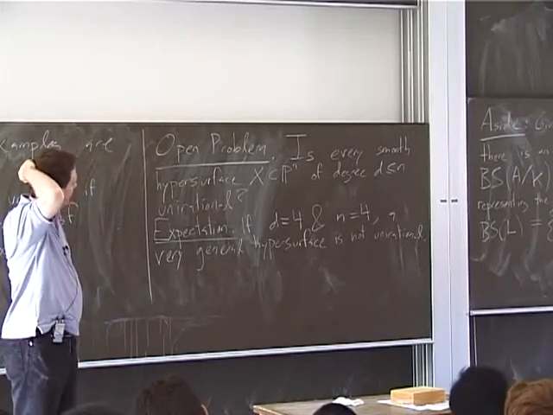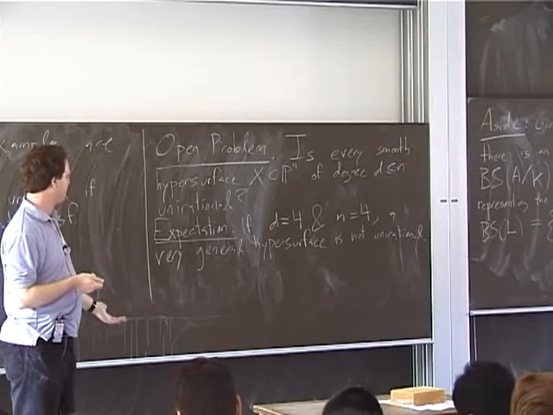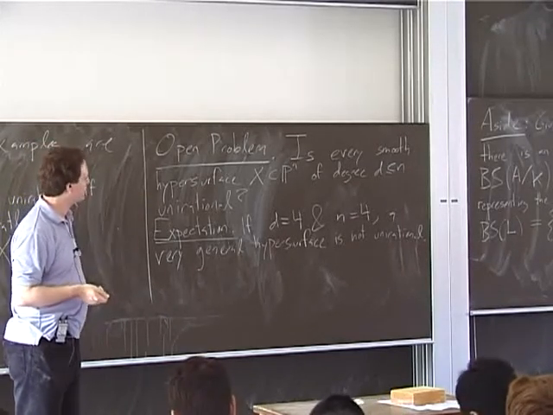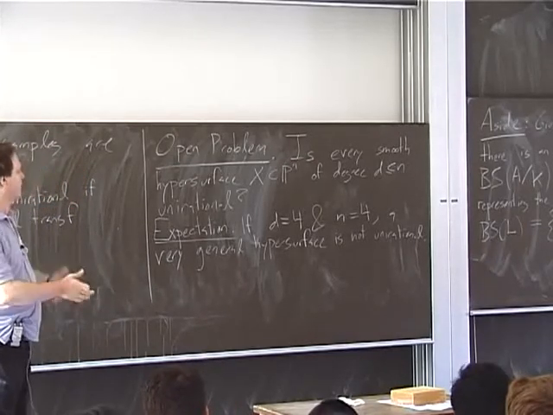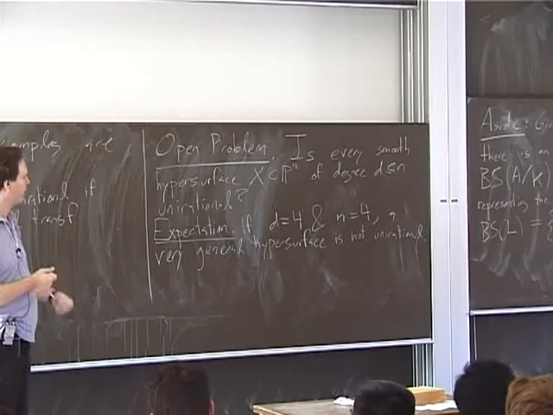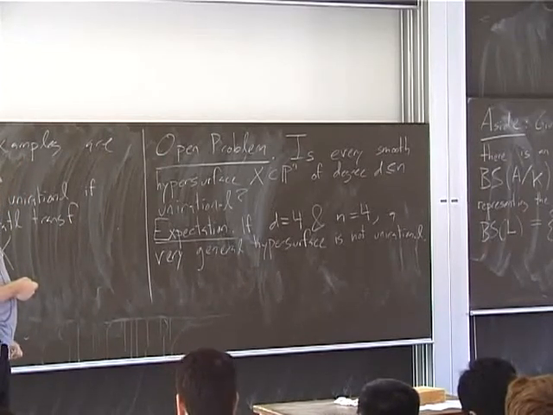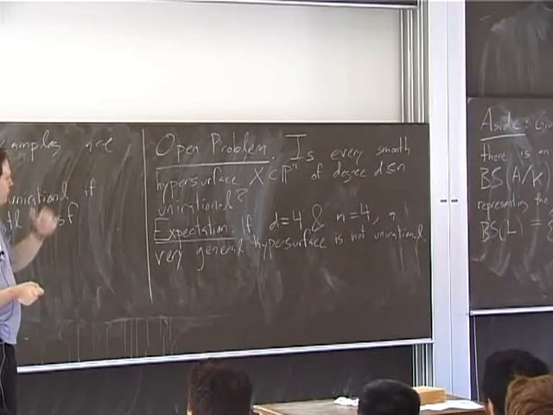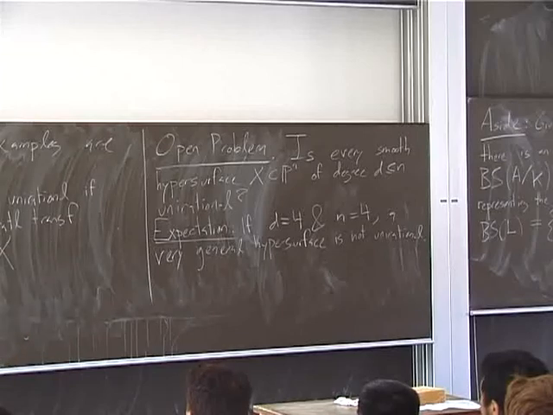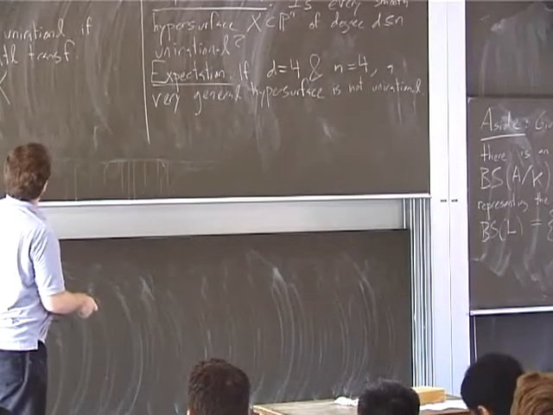When d is bigger than n, the Kodaira dimension is non-negative, and every unirational variety has negative Kodaira dimension. When d is less than or equal to n, these do have negative Kodaira dimension, so that doesn't rule it out. You keep going through the list, coming up with invariants, and every time you think you've got a way of proving that this variety is not unirational, it turns out that the invariant doesn't distinguish between these hypersurfaces and unirational varieties. So this is a very frustrating problem, but this is what people expect. There's some reason to expect this.